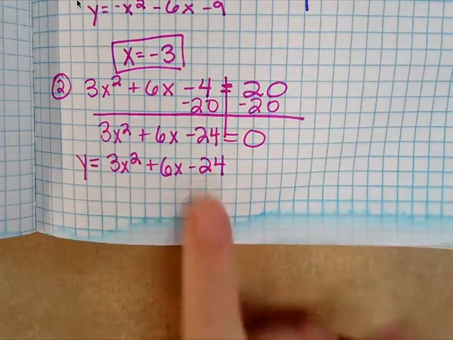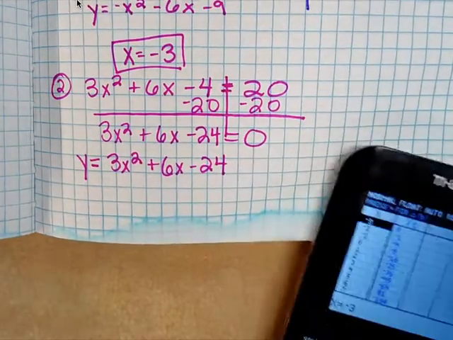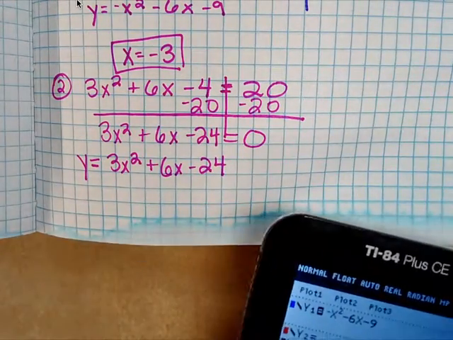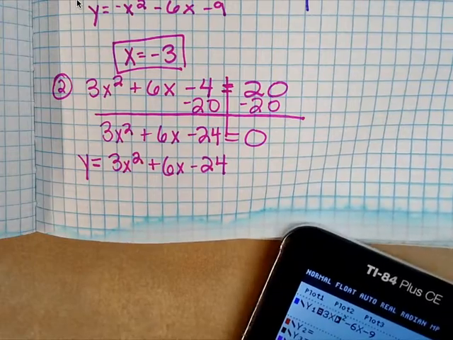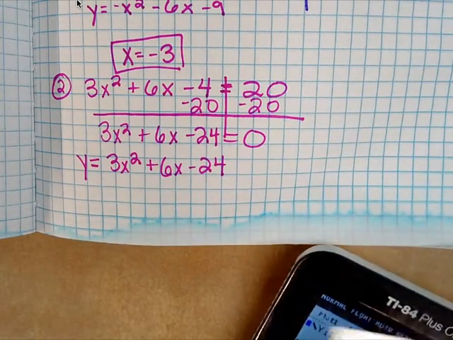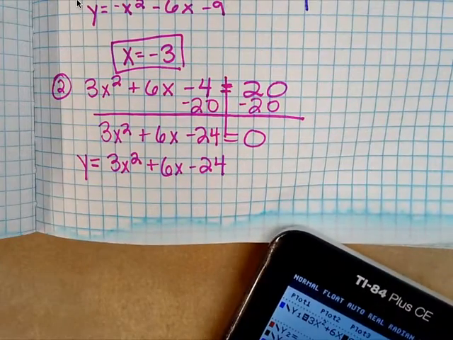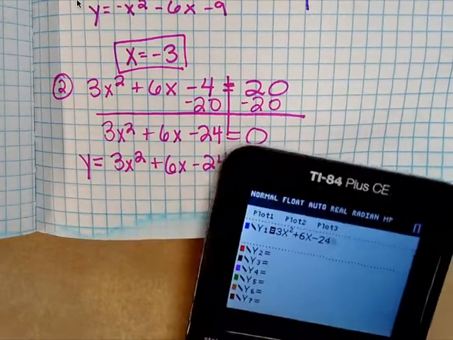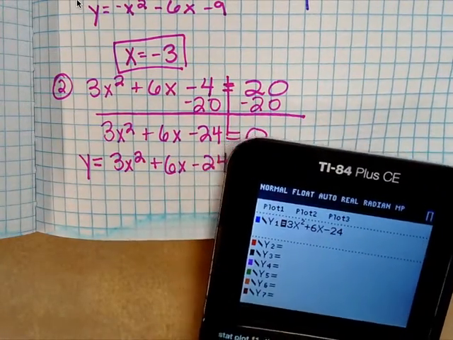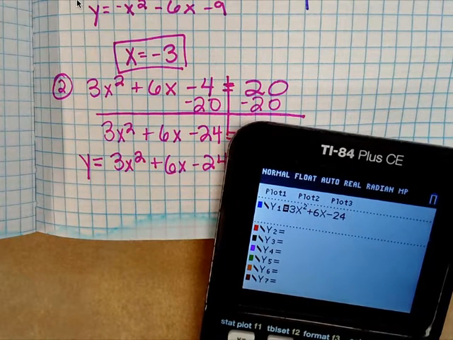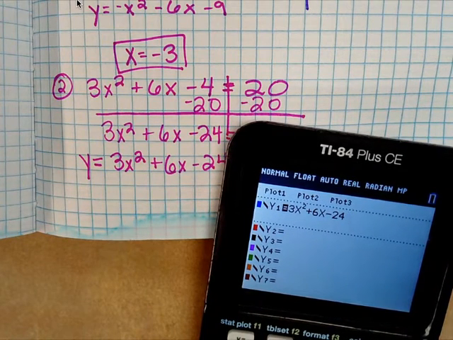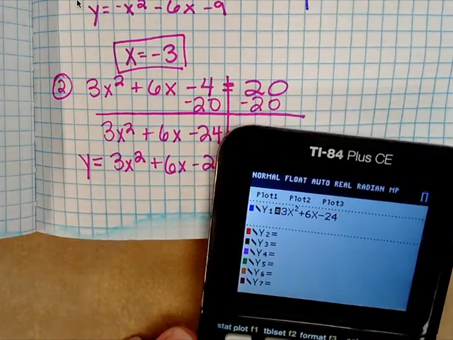Yep, it's that c value. We're not going to be able to see it unless we zoom out, but we don't need to see that. All we need to see is where it crosses the x-axis. So 3x² plus 6x minus 24. Okay?